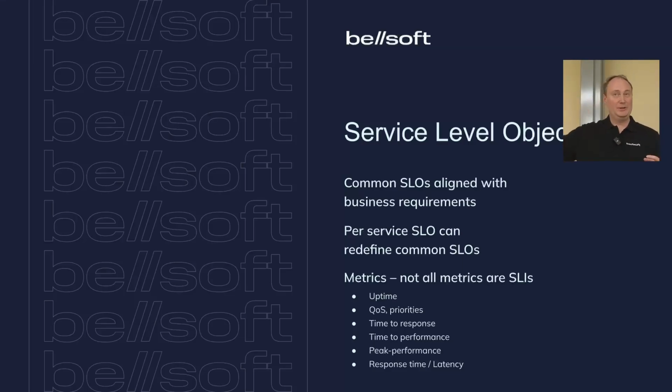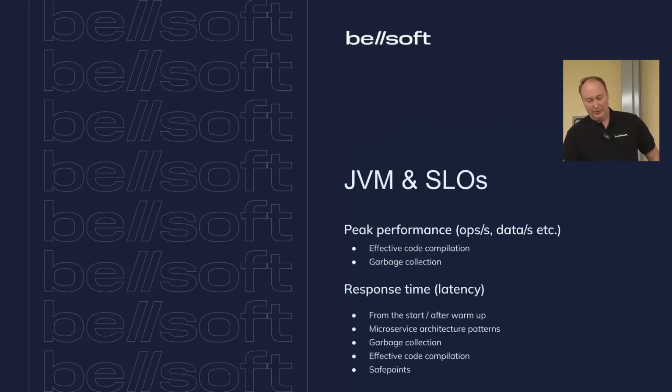Doesn't mean that they're really satisfied. It can be measured from the outside. And of course, times like how our services start and get ready to respond to their workloads, like time to performance, time to getting up, and latency, as I already mentioned.